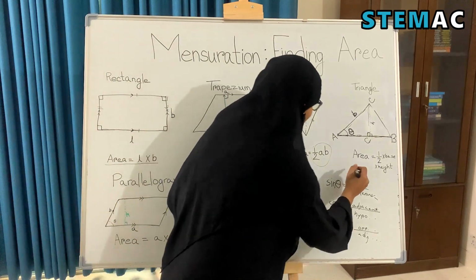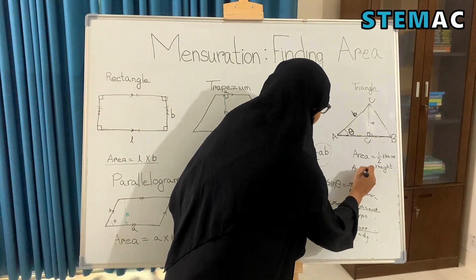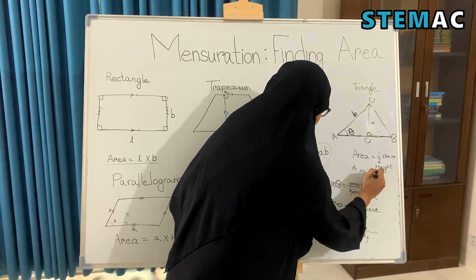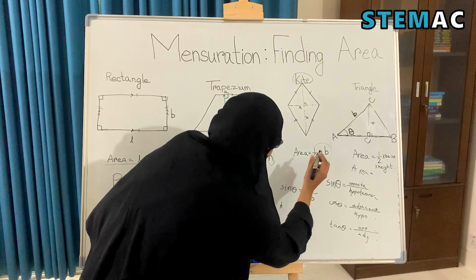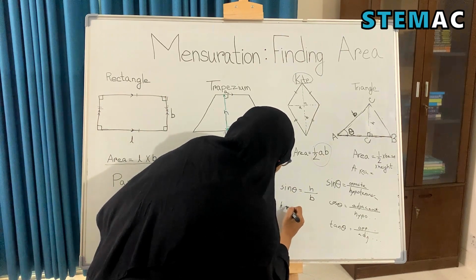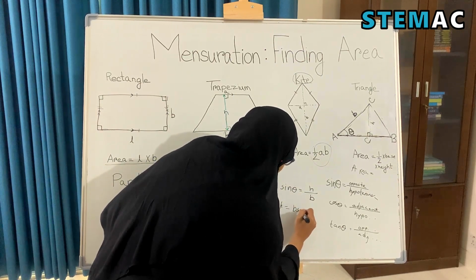In this way, we can write area equals to, so height, that means the h, would be B sin theta.